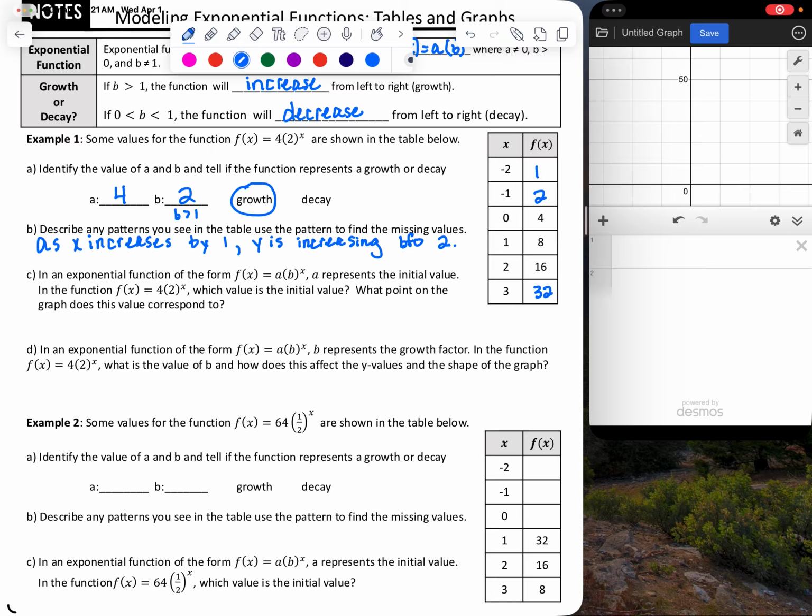So in this problem, a was equal to 4. That means the initial value of the function is equal to 4. And this value corresponds to our y-intercept.